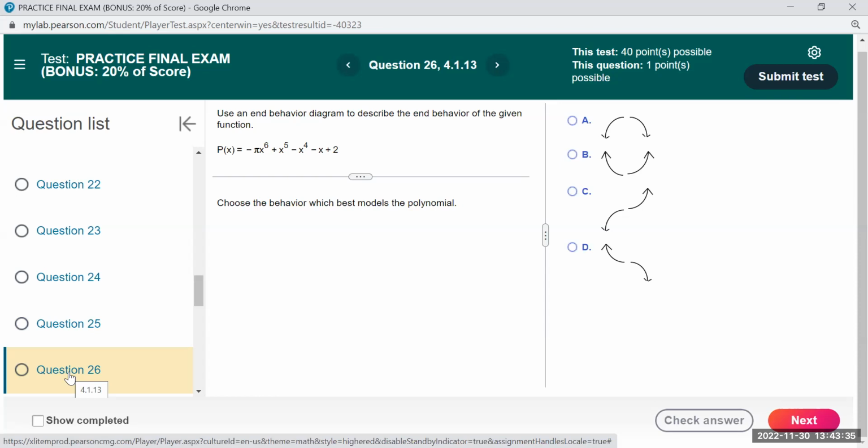Use the end behavior diagram to describe the end behavior of the given function. -pi x to the 6th plus x to the 5th minus x to the 4th minus x plus 2.